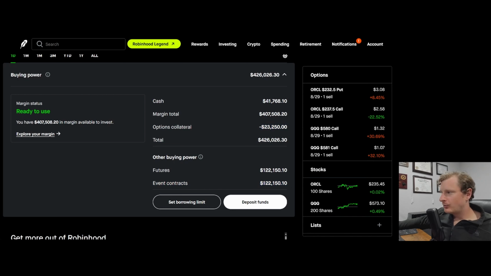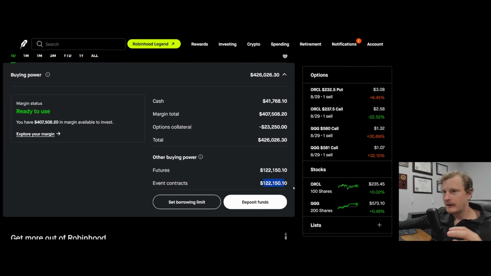Because Robinhood is going to allow me to run $122,000 of event contracts, I can theoretically run maybe 2 QQQ cash secured puts, or I run 1 cash secured put on the QQQ and then offset some Oracle cash secured puts or Amazon cash secured puts, whatever premium looks better for me at that time.